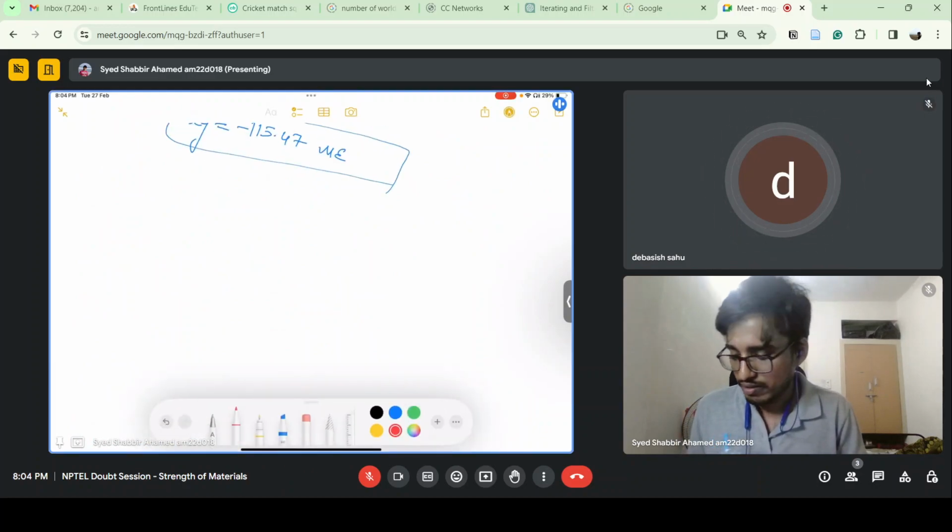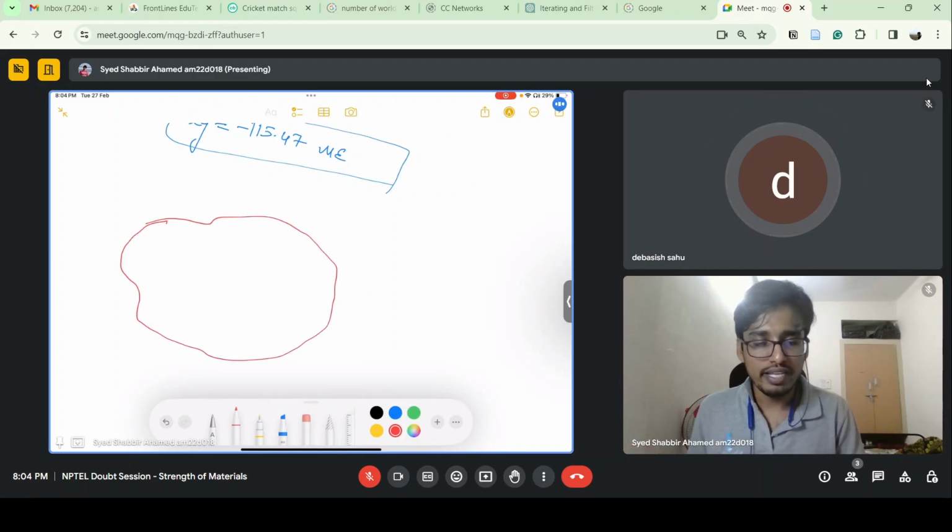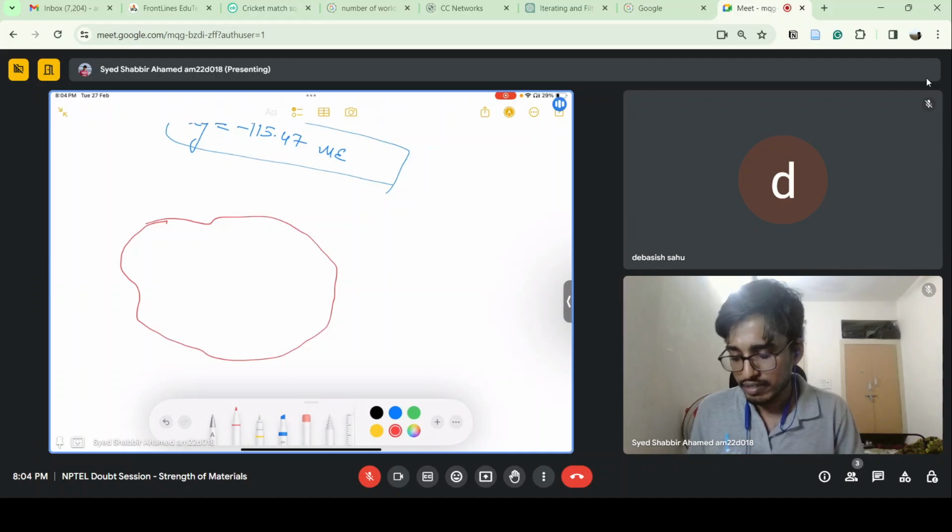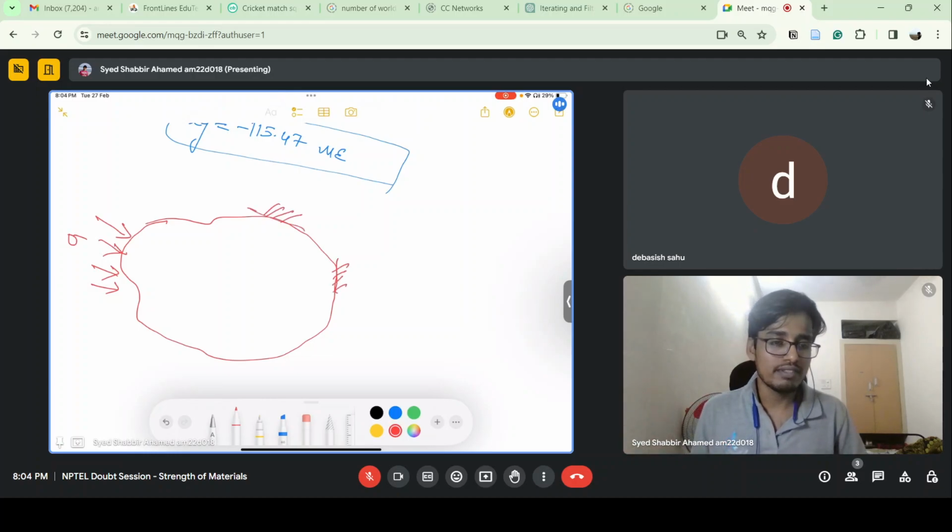See, suppose you have some specimen or a material, and you apply some load, and there are also some boundaries such that the material actually deforms.